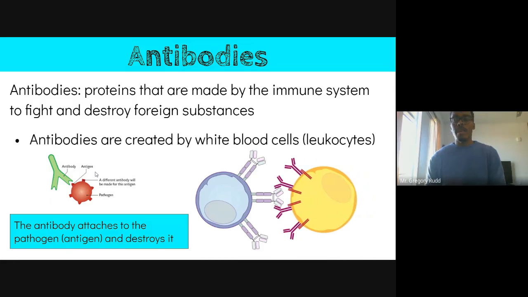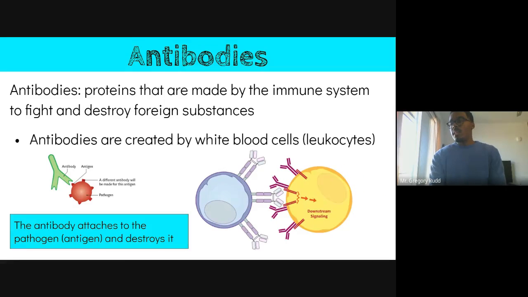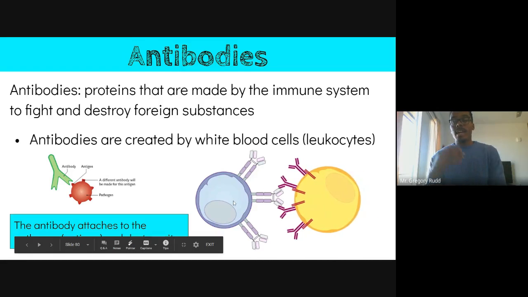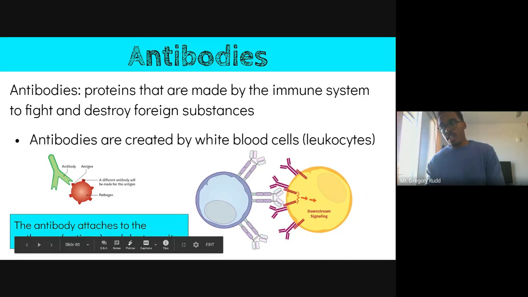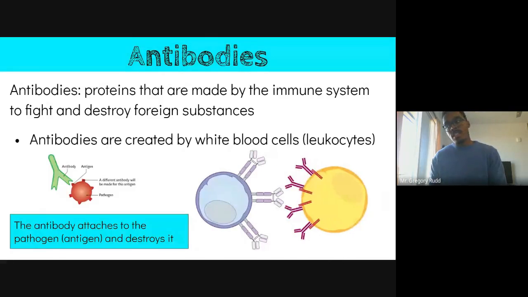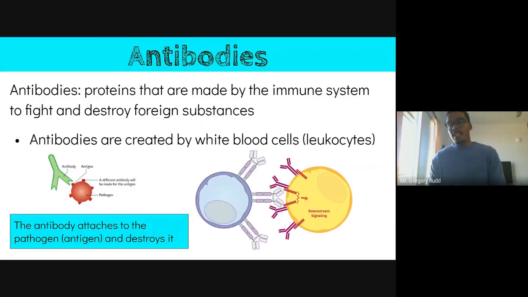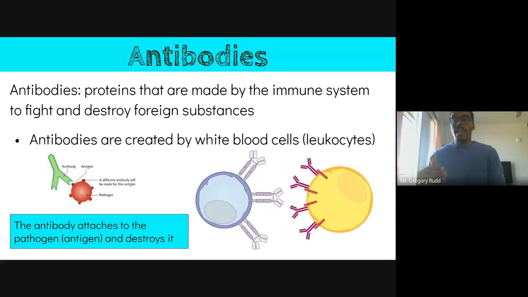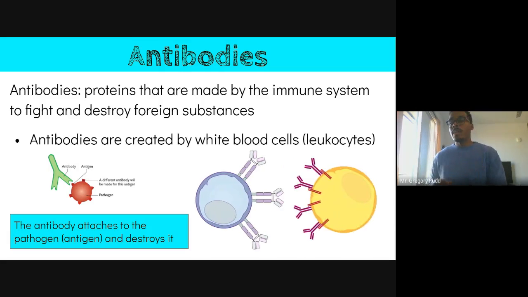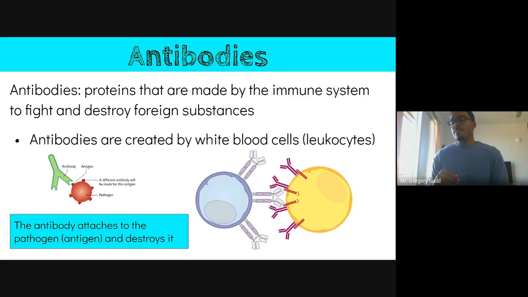And so that's what I mean by specificity. Each antibody is specific. It can recognize a specific antigen on a pathogen. It can't recognize just any and all antigens. Each one of these antibodies has a very specific job to recognize a specific antigen. And once it does that, it's going to trigger an immune response. And now here come your white blood cells to attack and destroy this pathogen.